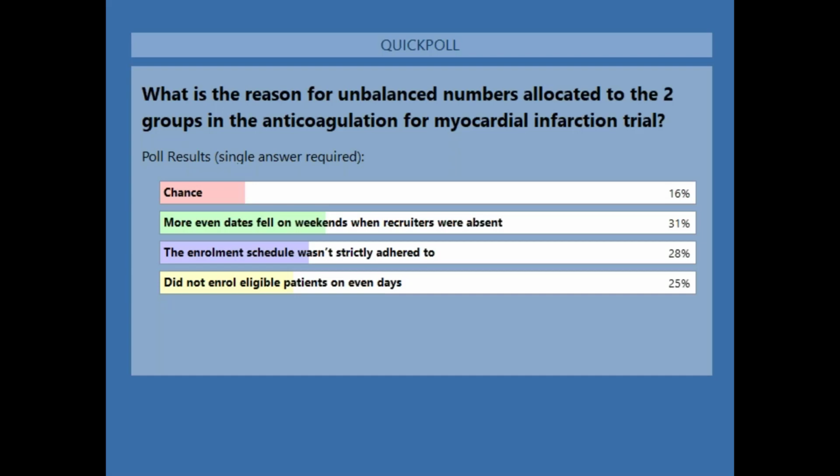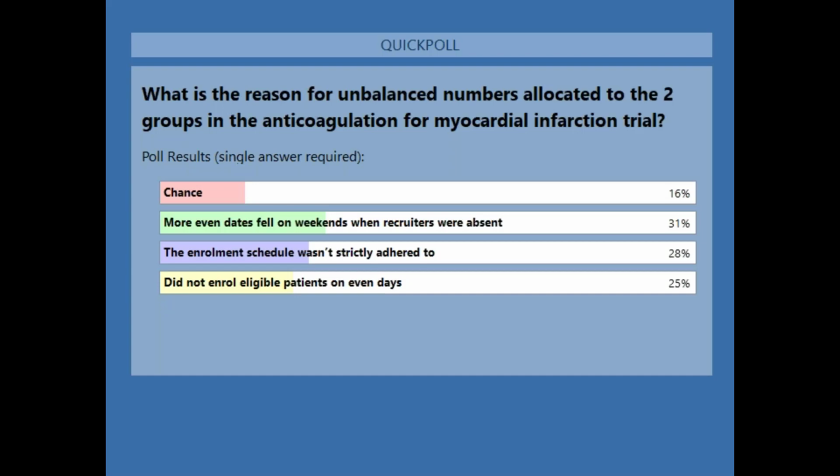Around 30% of you thought that more even dates fell on weekends. Again, it's possible, but if we assume that the trial recruitment occurred over a period of several weeks, we would hope that the days falling on weekends end up being balanced. So we think that that is unlikely.